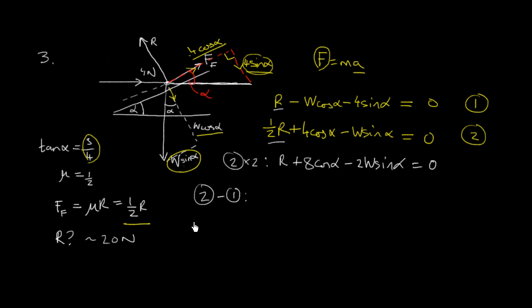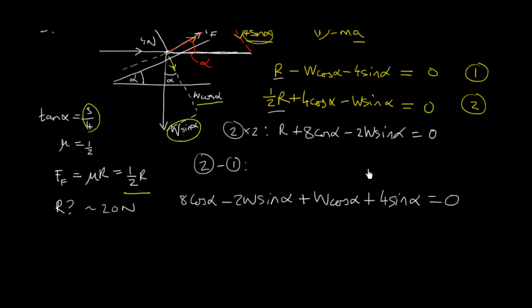Okay, so in one line it would be the r minus the r goes away, and we have 8 cos alpha minus 2 W sine alpha, that's the whole of that equation, minus that, the r disappeared with that, we already said, minus minus W cos alpha, which is from here, minus 4 sine alpha again. So that minus minus creates a plus, that equals to 0. Hopefully that makes sense. You can do it in any way that you want of combining those two equations, it doesn't really matter, there's lots of different ways. So now let's sort this out. Now we have an equation only with one variable, only with W, so we can sort it out.